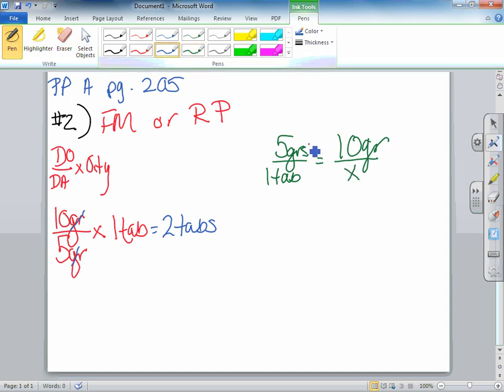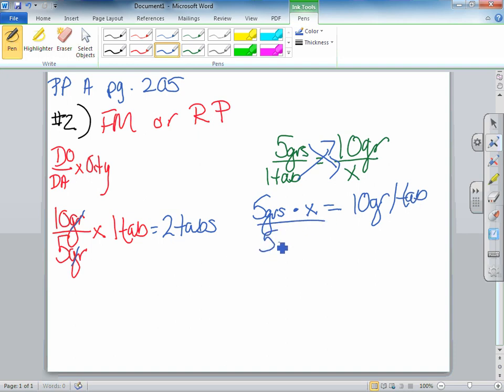In order to solve this, you just crisscross multiply. So that's 5 grains times X equals 10 grains per tab. You're going to divide 5 grains on both sides to get X by itself. 5 grains cross out, leaving X by itself on the left-hand side.